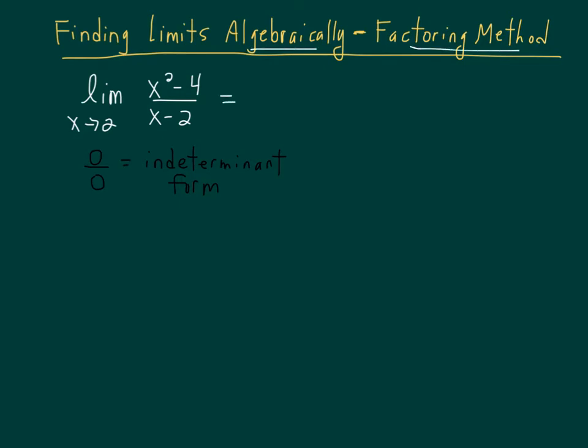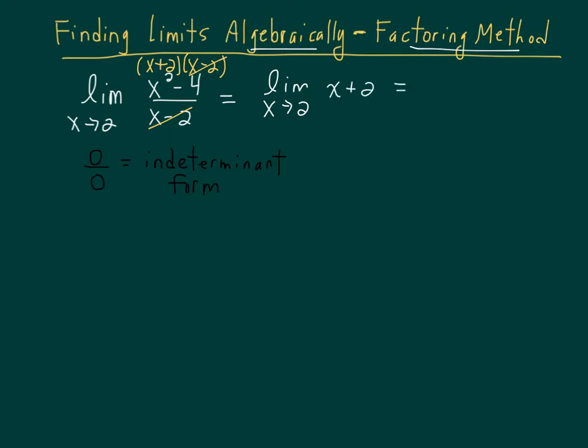So direct substitution yields 0 over 0. However, notice that if we were to factor this, this is x plus 2, x minus 2. These x minus 2's are going to cancel. So if I rewrite what's left here, we have the limit as x approaches 2, and we're left with the quantity x plus 2.